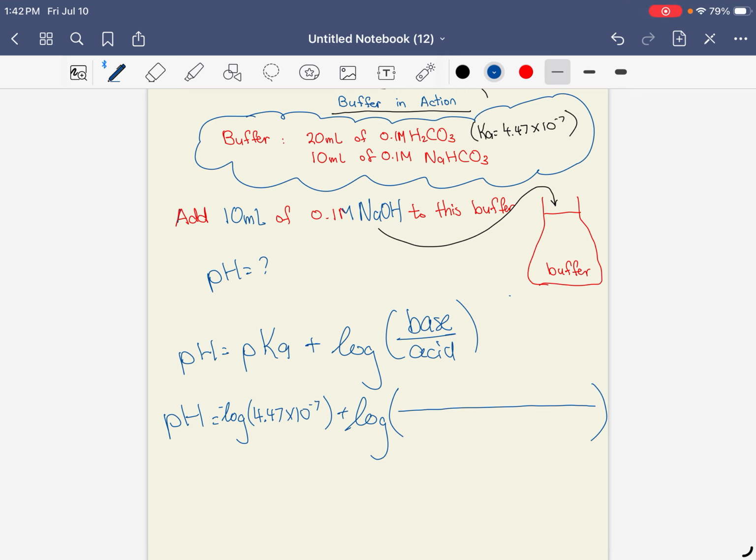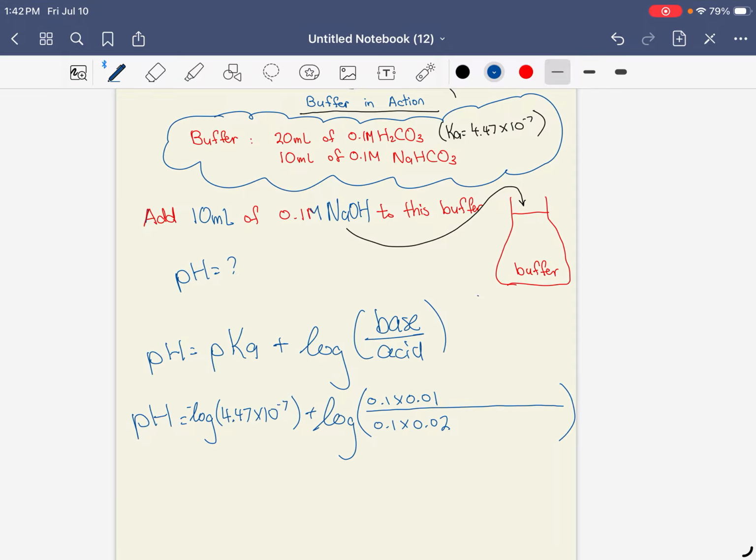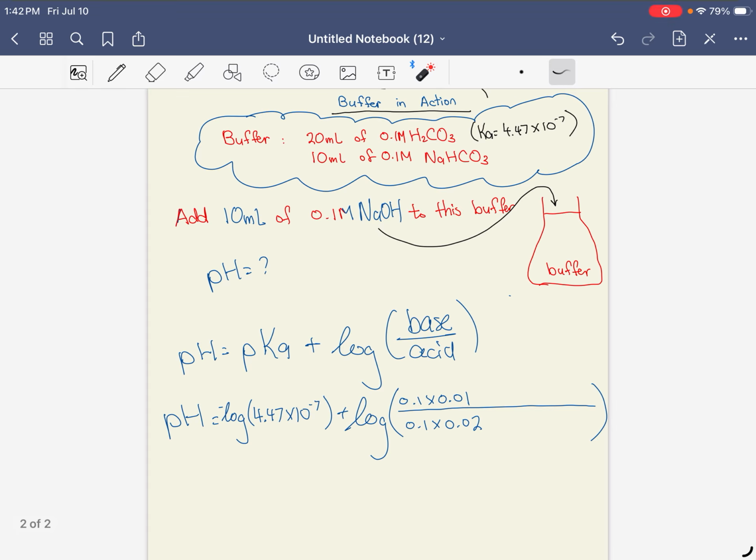The base was 0.1 times 0.01, and the acid was 0.1 times 0.02.